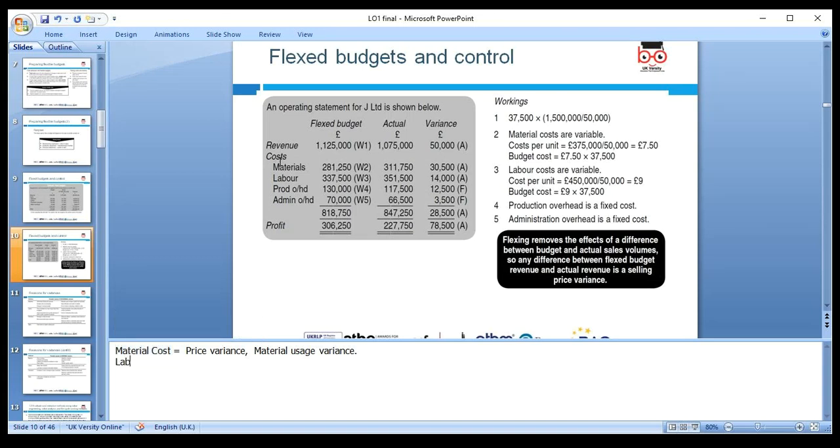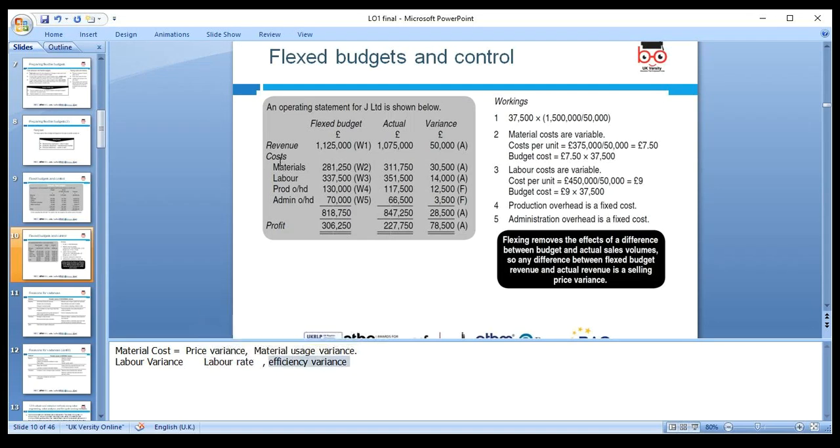Then the same with labor. Labor cost variance has two sub-variances: labor rate variance and labor efficiency variance. Maybe this is favorable because you're paying less. Say you set £8.91 an hour, and for argument's sake you found labor at £4 an hour. So you saved on the labor rate.